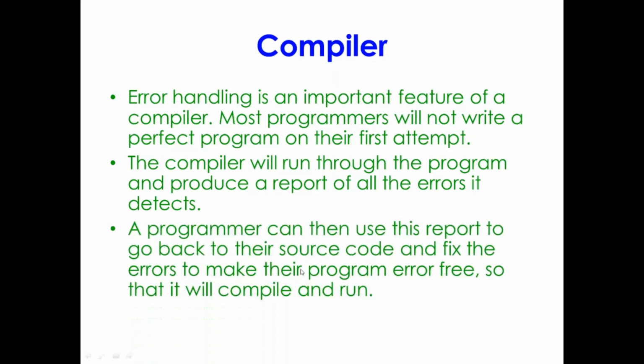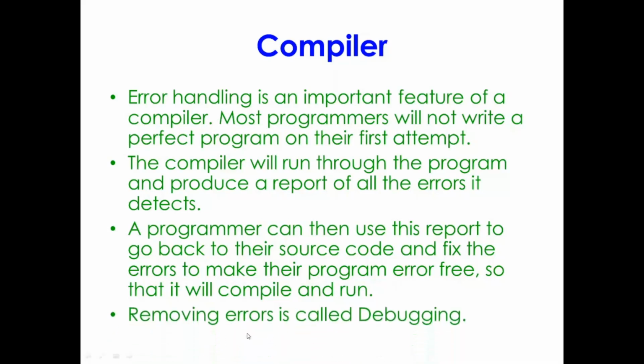And this report is used by the programmer to check the source code again and fix the errors. When your program is error free, then you can compile and run it again. Removing the errors is called debugging. So debugging means the process of removing errors from the source code.